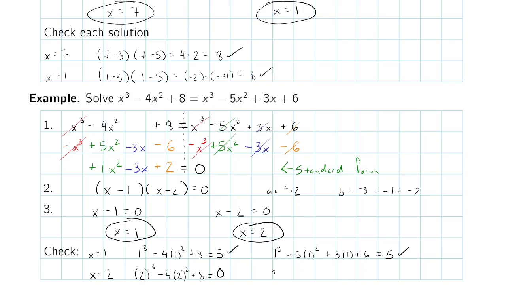On the right, I'll have 2 to the third minus 5 times 2 squared plus 3 times 2 plus 6, and that also works out to 0. So plugging in x equals 1, the two sides work out to the same value. Plugging in x equals 2, the two sides work out to the same value. Those really are, again, the solutions to our original equation.